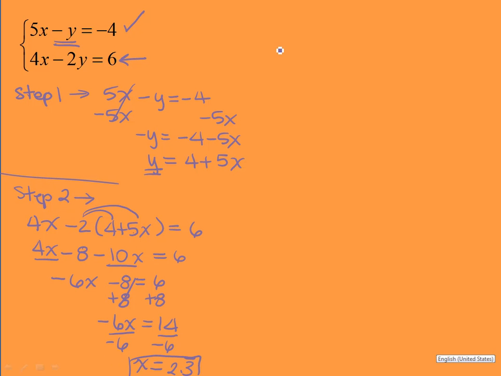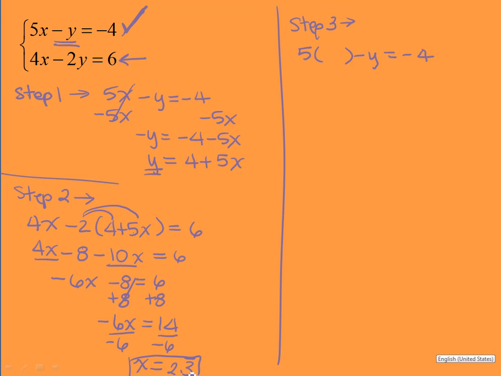Now we're on to step 3, which is to substitute that back into the original equation. This right here with the check mark is our original equation. And since we just solved for x, I'm going to leave a space for x.